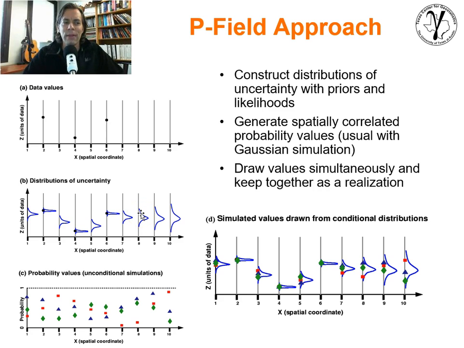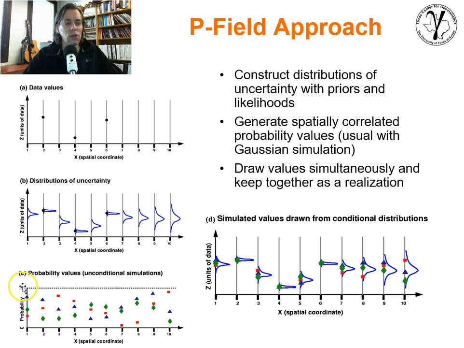So Mohan Srivastava and others, when they came up with this idea of PField simulation, they said, why don't we just build p-values, the probability values that we're going to draw from these distributions, with spatial correlation. So you put spatial correlation in the p-values.